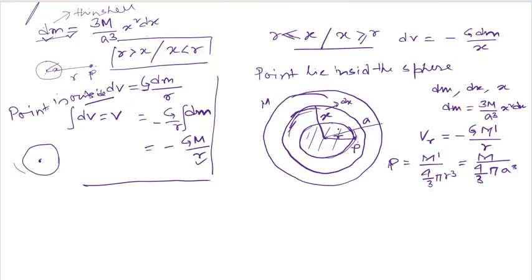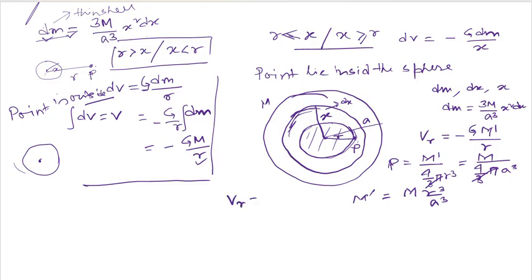We can write that, correct? Because this is a uniform solid sphere. Now from here we can represent M dash, because rho is equal to this. Now I can cancel the 4/3 pi, and I am getting M dash equal to M into r cube by a cube, correct?